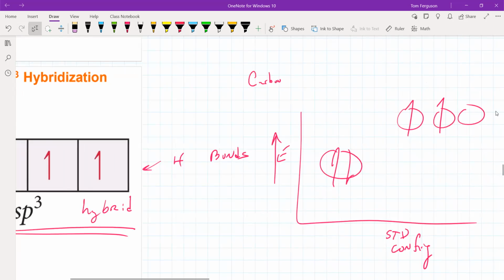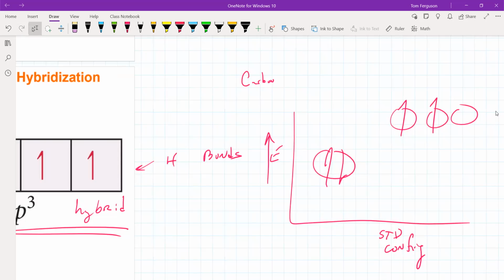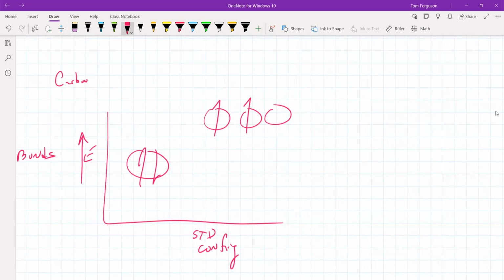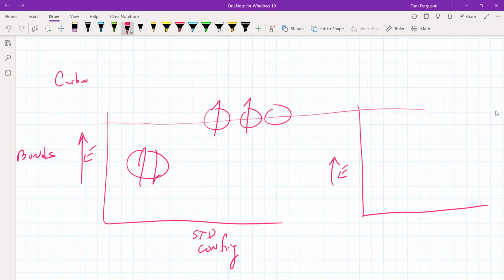Okay, remember I said there are 2 other carbon hybridizations? Let's see what those look like. Now remember with hybridization, the S's are destabilized and the P's are stabilized, okay?